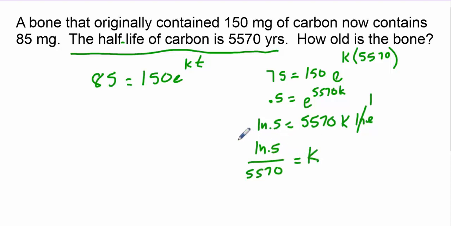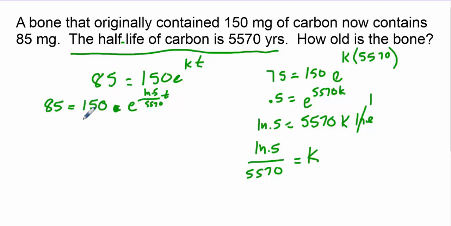Rather than find a decimal approximation for this, I'm going to keep it as is when I plug it in over here. It prevents some round-off errors, which can be substantial if the numbers get really big or really small. So I have 85 equals 150 e raised to the ln 0.5 over 5570 times t. Whoops, this is multiplied.